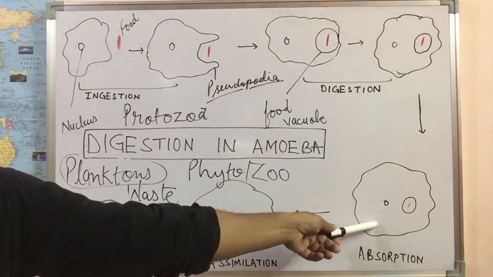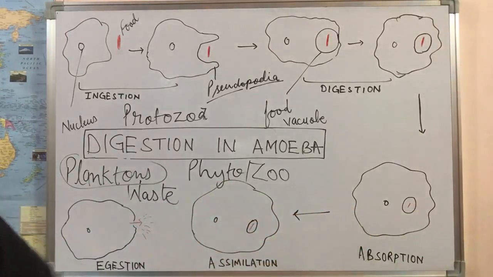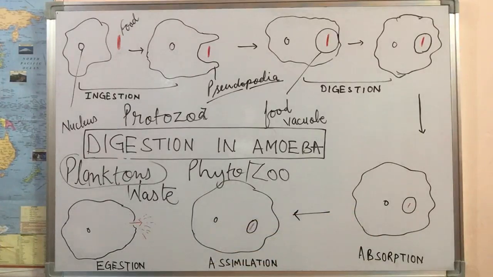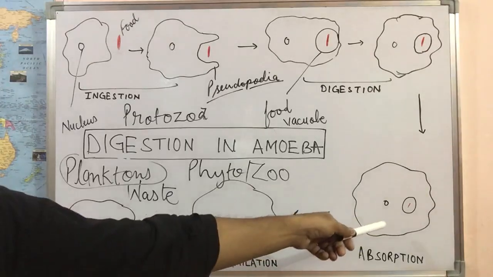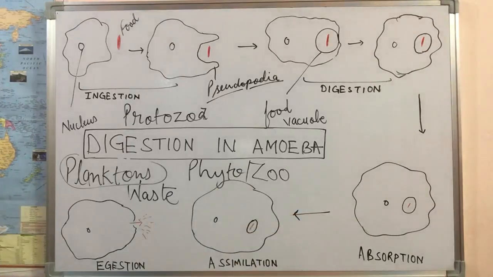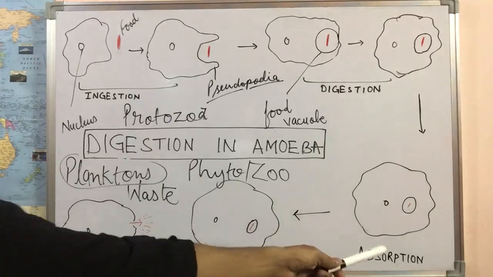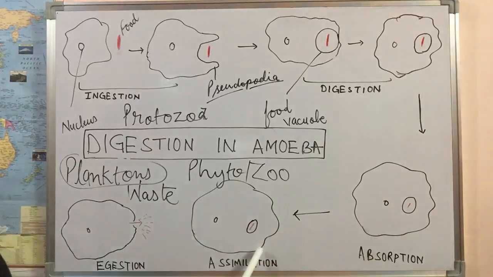In this case, the food which was digested, converted from complex to simple form, is absorbed by the organism, such as in the case of human beings, it is absorbed in the intestine. Then after absorption, assimilation takes place.